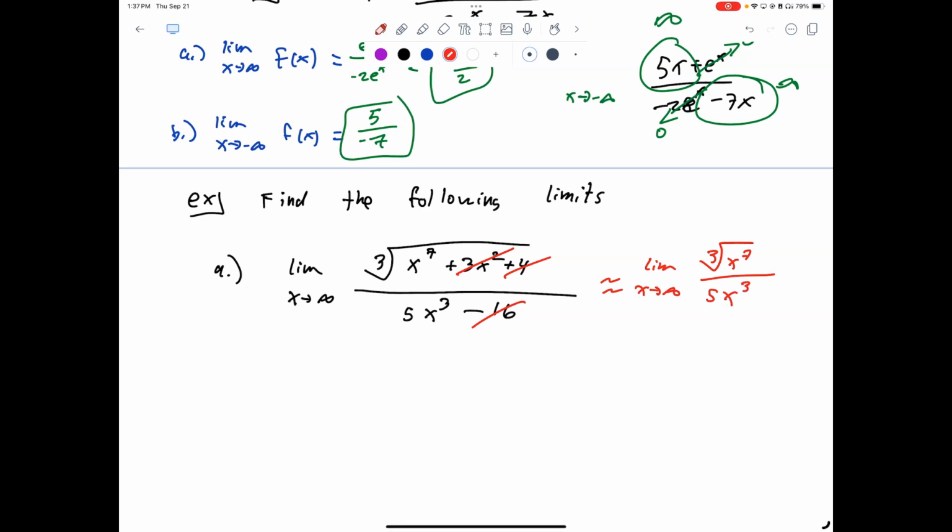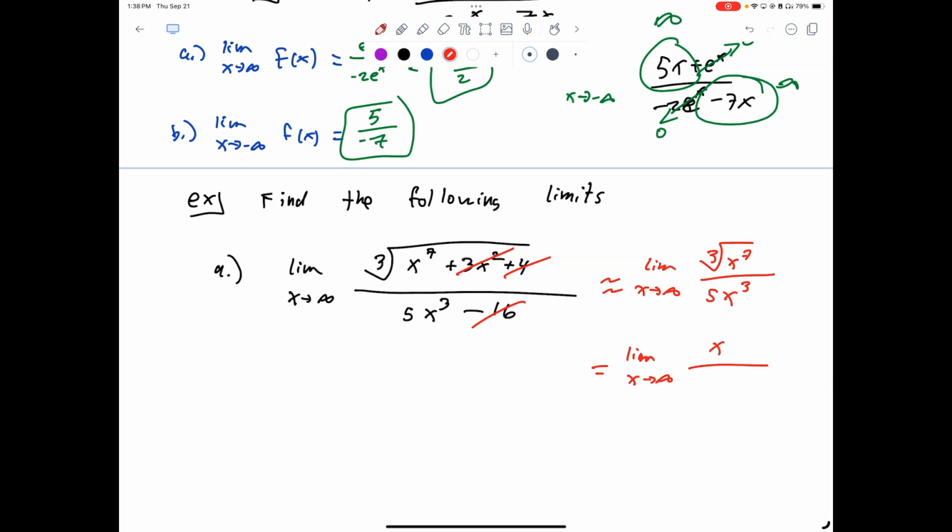All right, so in looking at this, what is the cubed root of x to the 7th the same as? How can I rewrite the top?